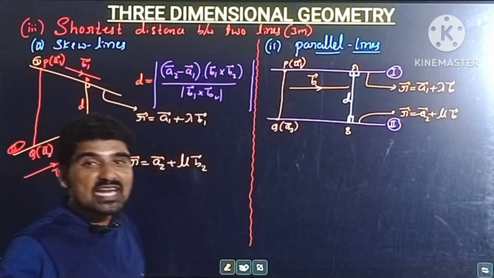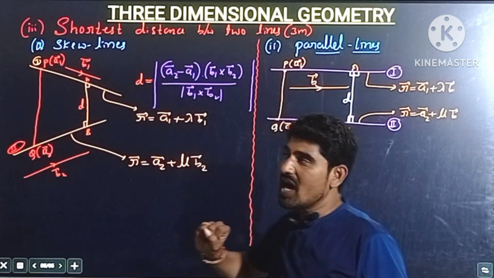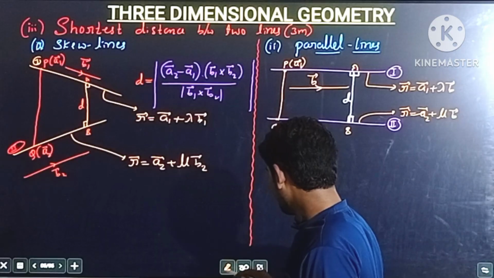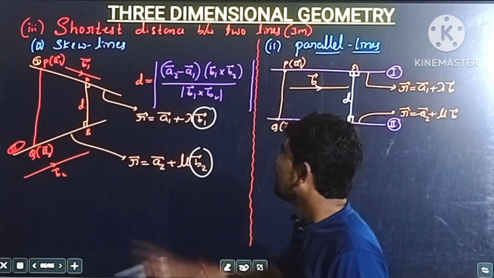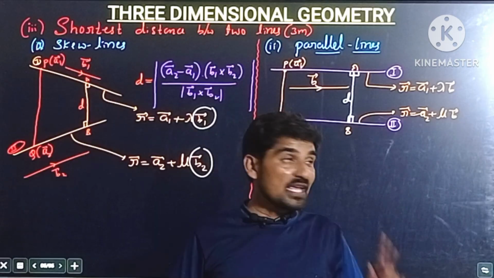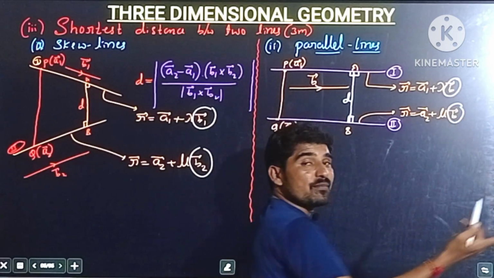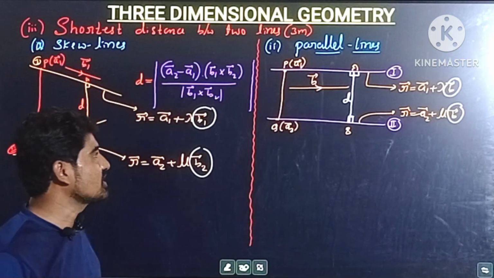So we can easily identify whether the given lines are skew lines or parallel lines. If the direction vectors given in both the lines are different, they are skew lines. If the direction vectors given in both the lines are the same, they are parallel lines. I hope all of you understood.